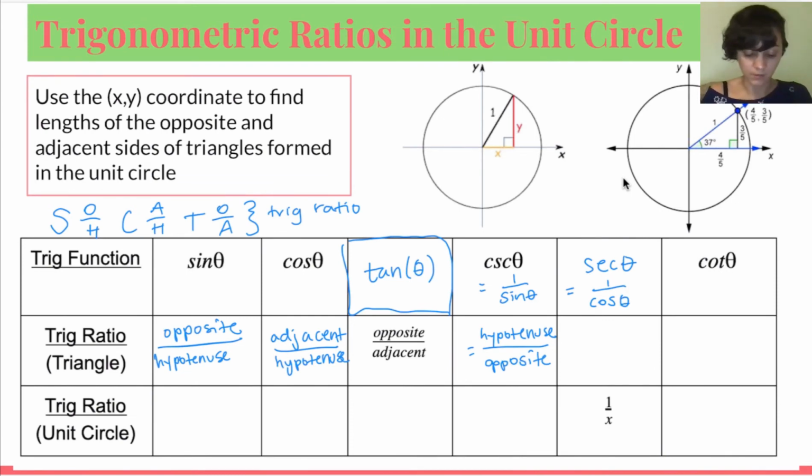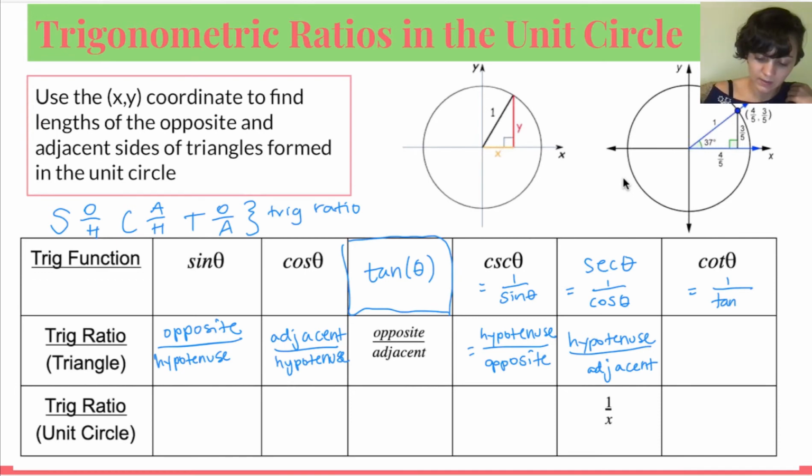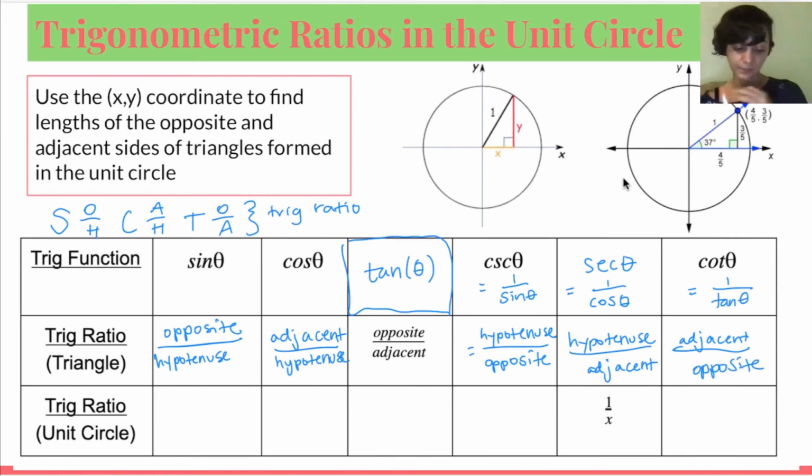So the reciprocal of cosine will be hypotenuse over adjacent. And then cotangent is the reciprocal of tangent. So the reciprocal of tangent is adjacent over opposite. Okay.